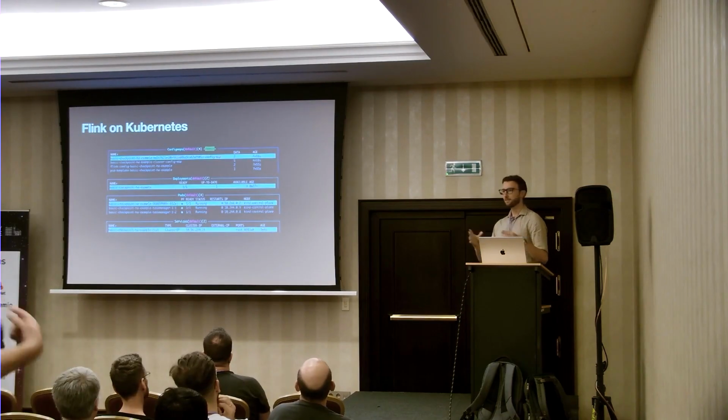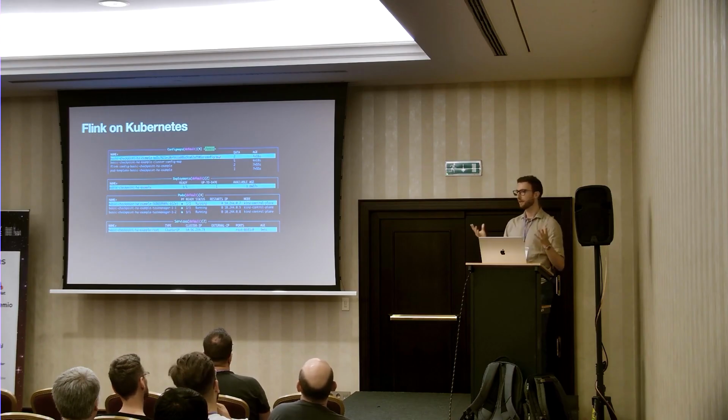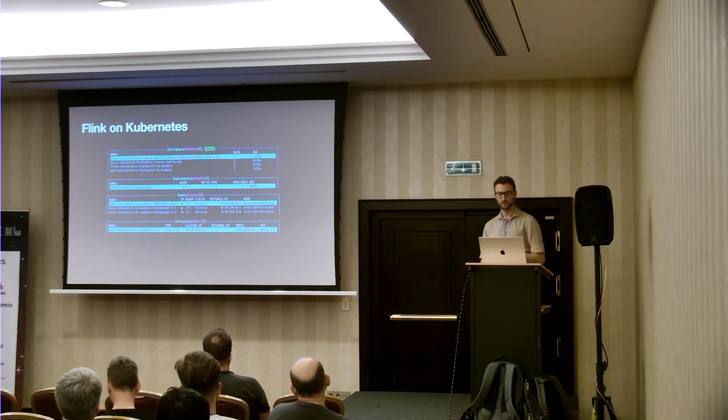A Flink cluster or Flink application deployment consists of a set of Kubernetes resources that belong to it. You will have a few config maps where you store configuration. Some config maps will be used by Flink itself as part of the Flink Kubernetes integration to store some metadata for high availability and whatnot.